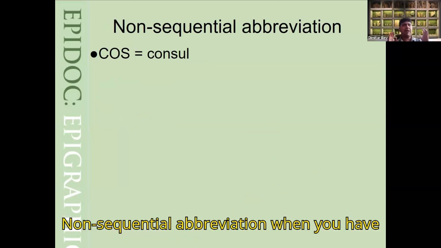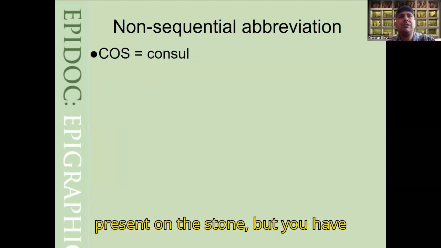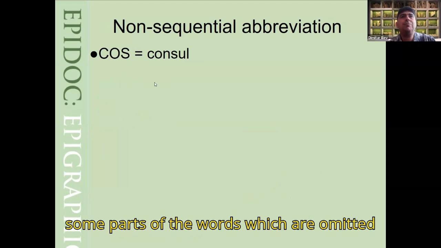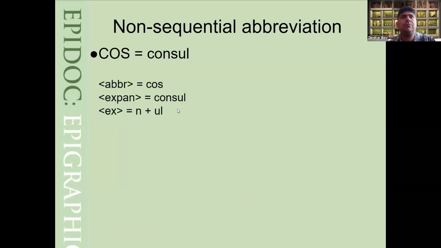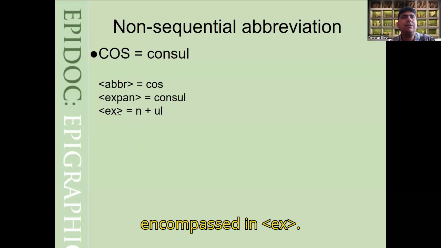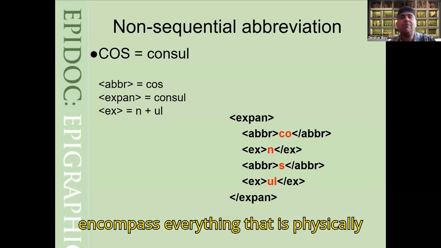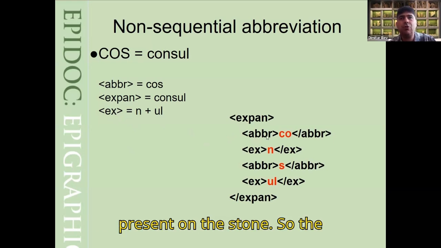Non-sequential abbreviation, when you have different parts of the words which are present on the stone, but you have some parts of the words which are omitted and need to be resolved. So all the parts which need to be put in round brackets are encompassed in X. So in Abbr, you encompass everything that is physically present on the stone.